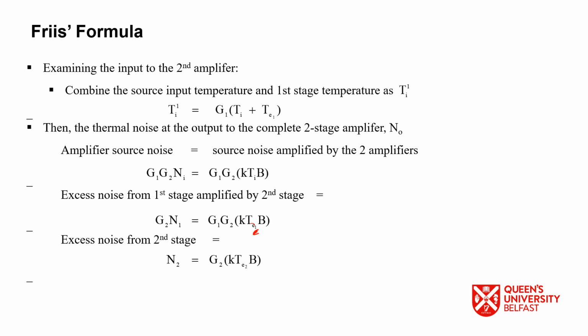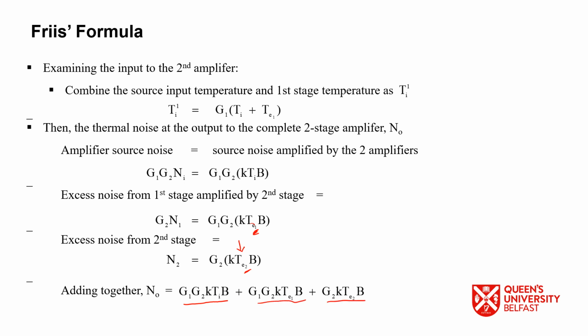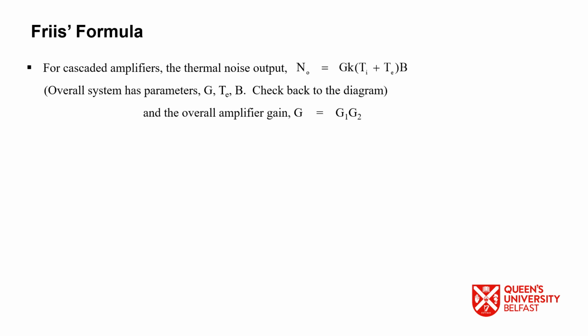Adding together, N naught is actually a combination of G1 G2 K Ti B plus G1 G2 K Te1 B plus G2 K Te2 B. So Te2 is the equivalent noise temperature at the output of the second amplifier, this is the output of the first amplifier, and this is actually what we input.